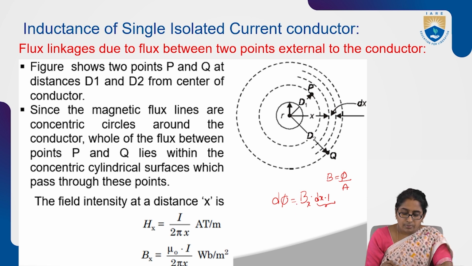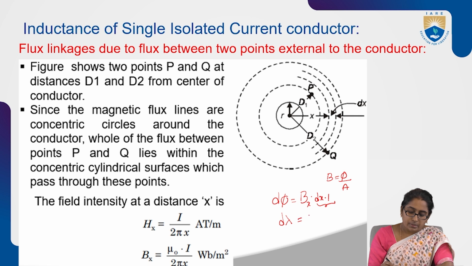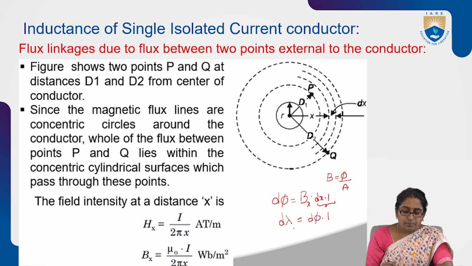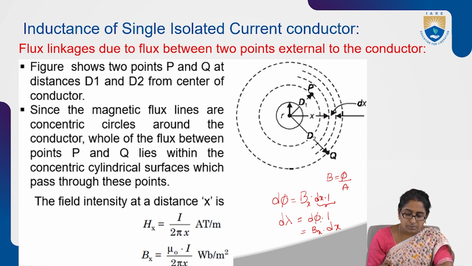After this flux, the flux linkages is given by flux into number of turns. We are talking about one conductor, so d psi is d phi into 1. Finally the flux linkages is nothing but Bx into dx, with respect to a small elemental length dx.